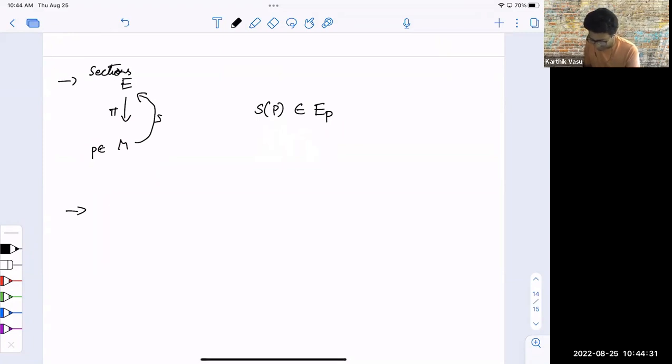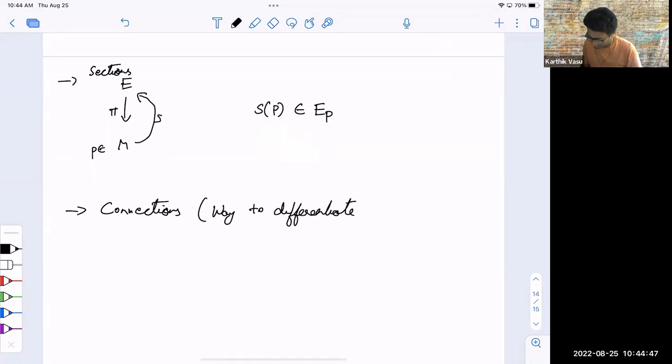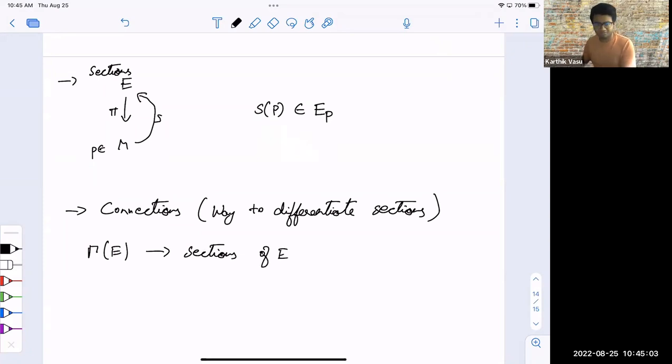I also defined connections. Connections were a way to differentiate sections. So this denotes the sections of E. When I say sections, I'll just mean smooth sections.